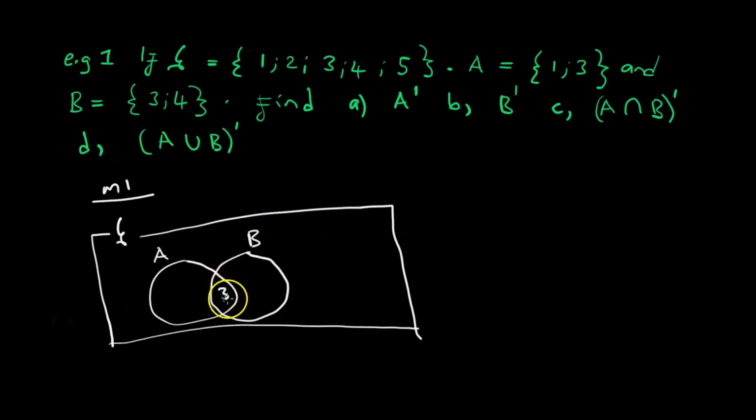Tukoona kuti 3 is a common element. Then muna A munosara muina 1, muna B muchange muina 4. Totarisa pa universal set 1 atonyorwa kudhara, 2 haana, 3 anyorwa kudhara, 4 akanyorwa as 5 haana. So this is going to be our universal set, or rather our Venn diagram. Tadraw Venn diagram redu manje.